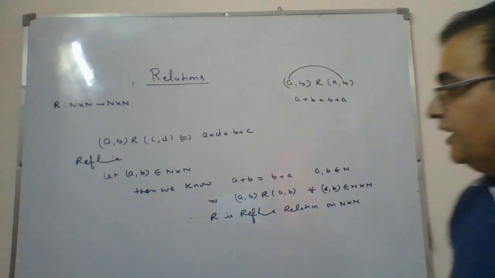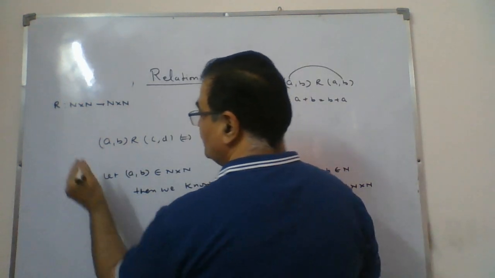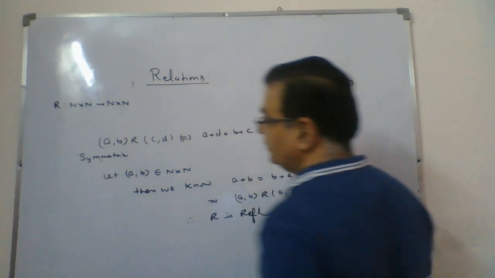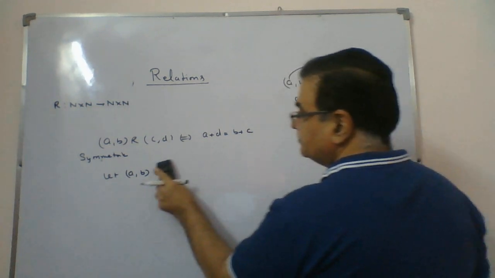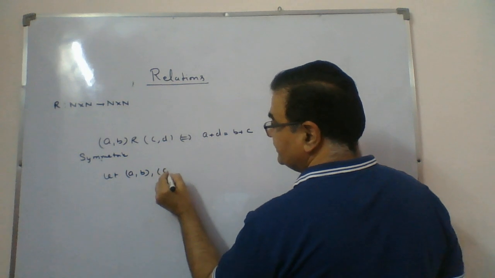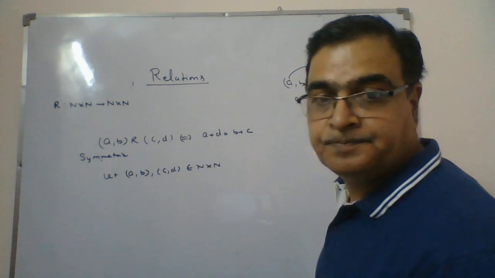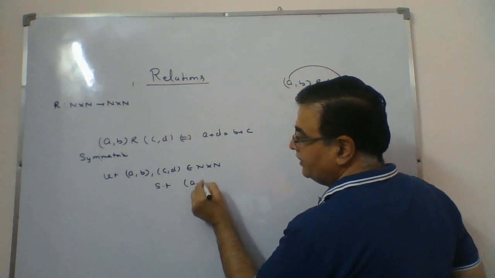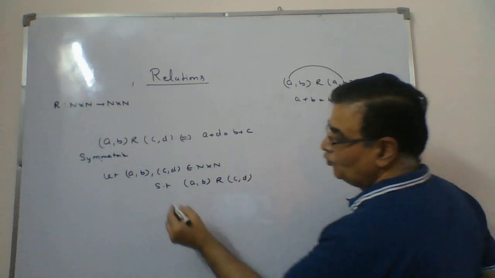Now coming on second part, we want symmetric to be done. In symmetric, let (A, B) and (C, D) belong to N cross N such that (A, B) relates with (C, D). What does it mean?